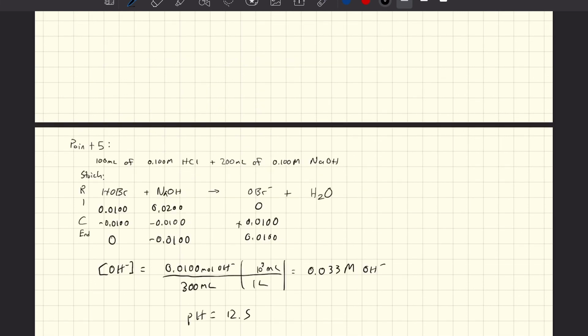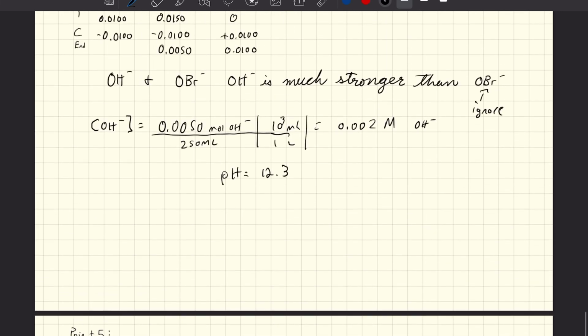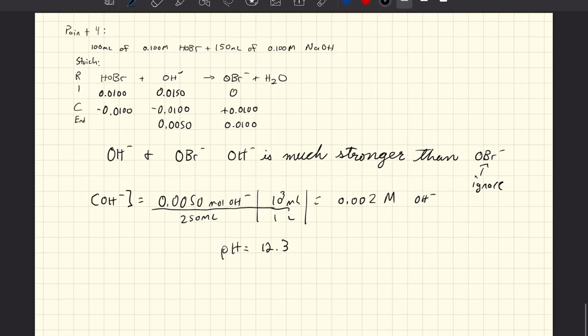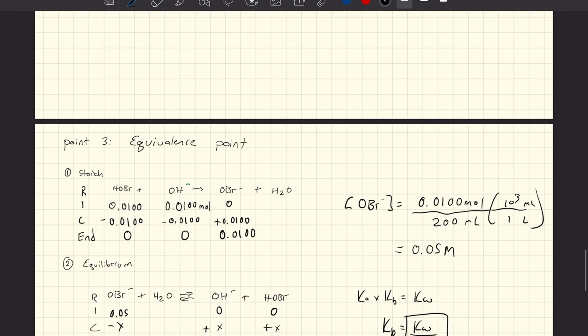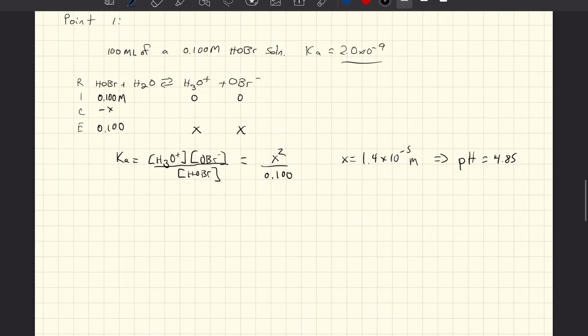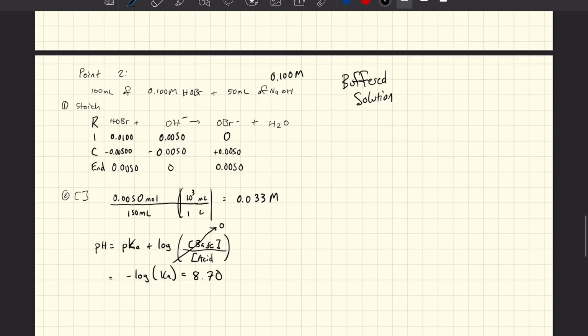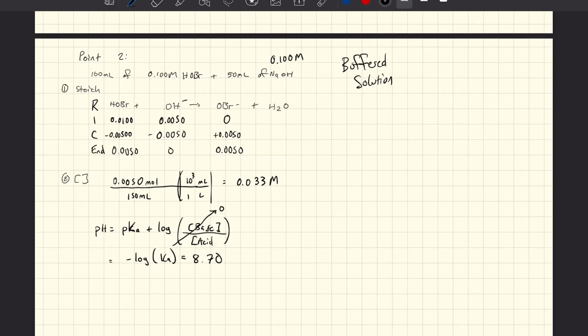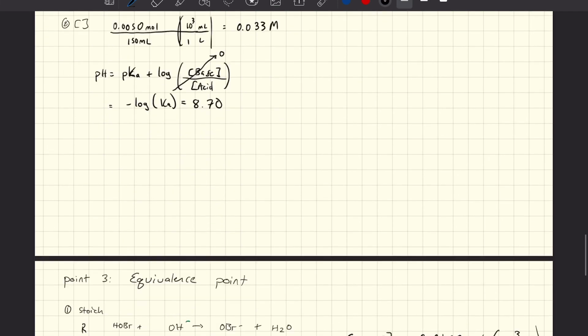One of the things that I want to talk about with this is the sort of shape of this graph. So down at the beginning, when we did point 1, this is actually not a very good buffered solution. We know that point 2 is actually like the definition of a buffered solution.